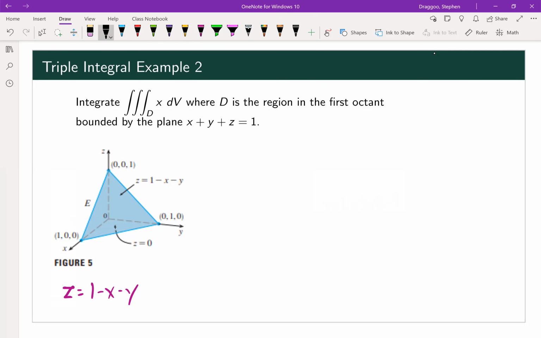So if I draw a quick set of coordinate axes, I'm only going to need the first quadrant, because I know I'm going to be projecting from the first octant into the xy plane. Doing so should give us this region, where on the y axis we're at the point (0, 1), and on the x axis we're at the point (1, 0).